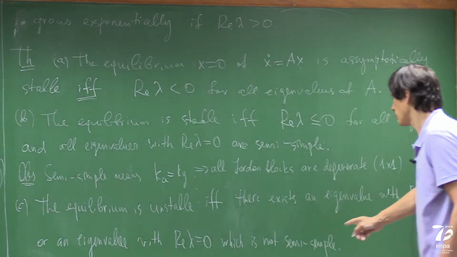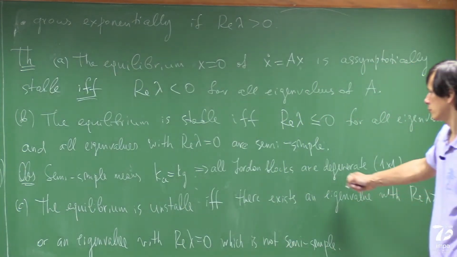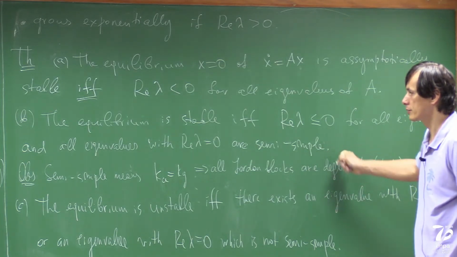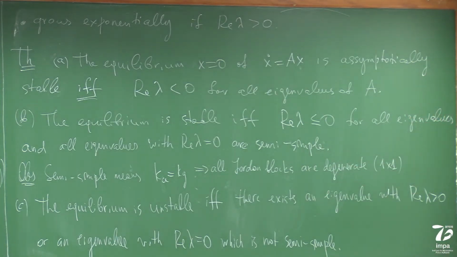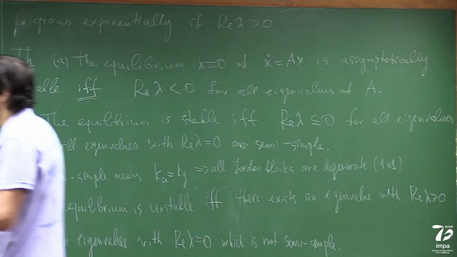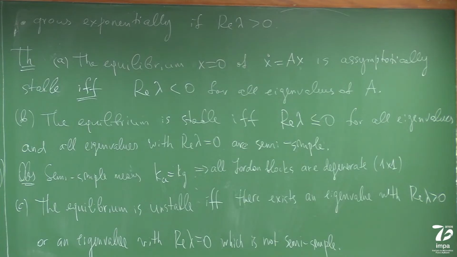So in either case, you do not satisfy the condition B, so you're unstable. So this is the theorem, which is a direct consequence of the general solutions that we got.